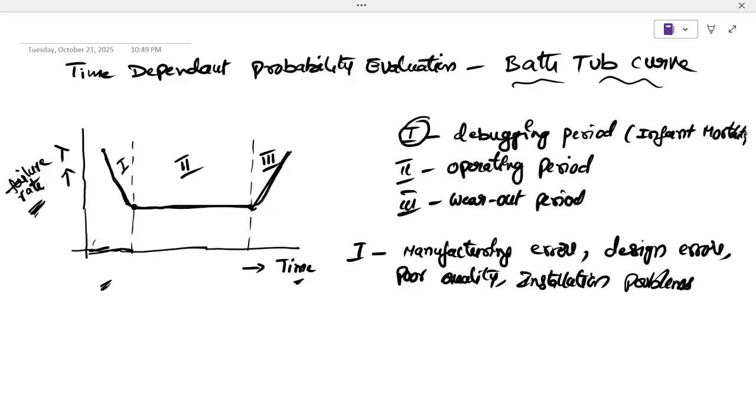So these are the different failure causes in the first phase.